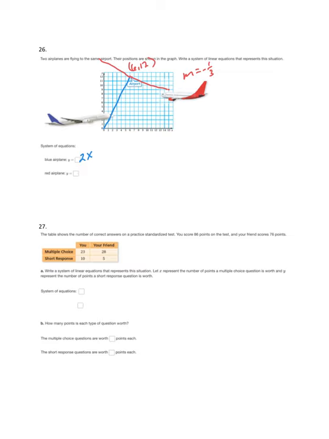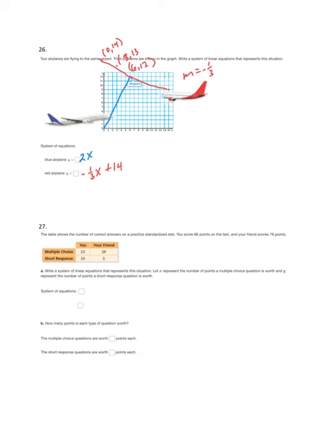So if my slope is -1/3, if I go over 3, I would go up 1. So this would be the point 3 and 13. And then if I go over 3 more to get to the y-intercept, that would be the point 0, 14. So the red airplane line will be y equals -1/3 x plus 14.